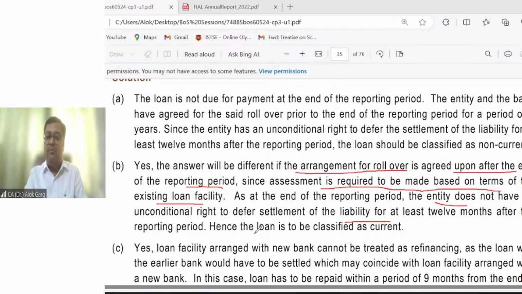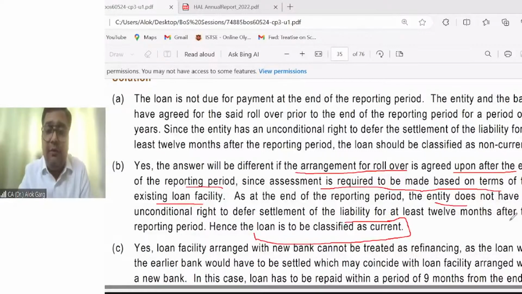Hence, the loan has to be classified as current. I hope it is clear to all of you. It is not a case of loan covenant default. It is a case where the existing loan facility is about to be repaid within 9 months, and the company and banker have agreed after the reporting date to defer this loan facility.